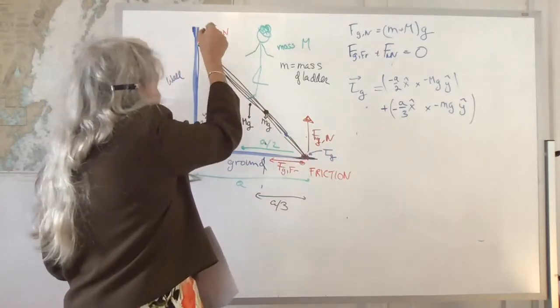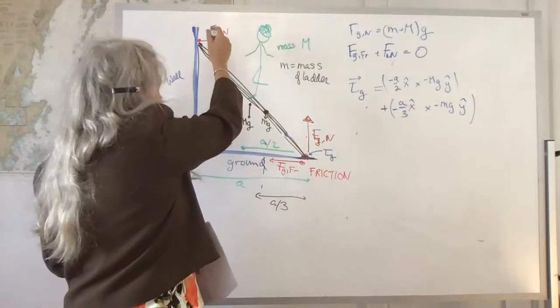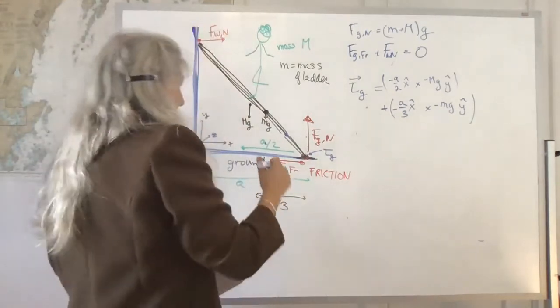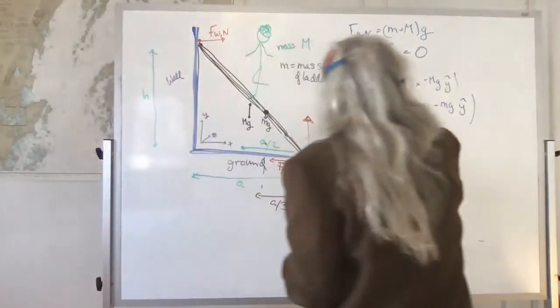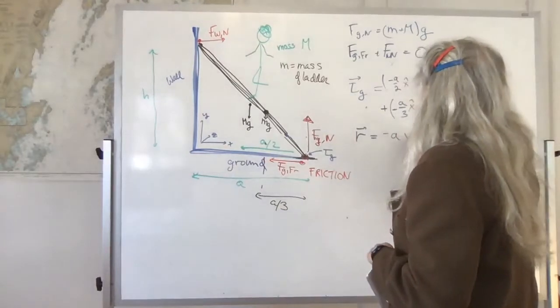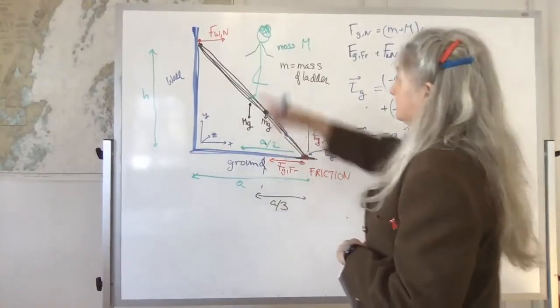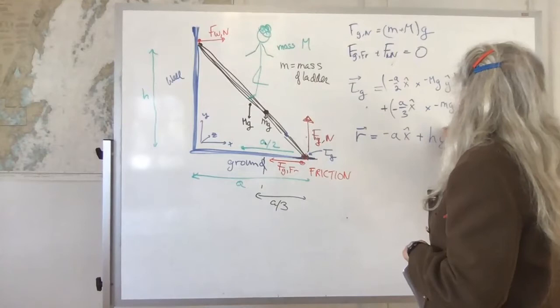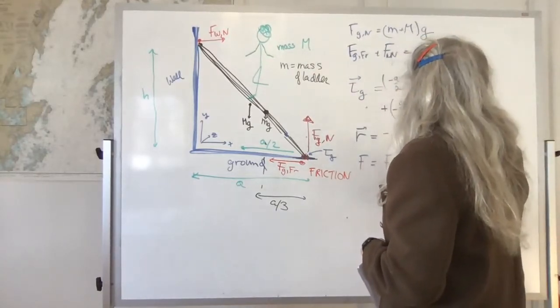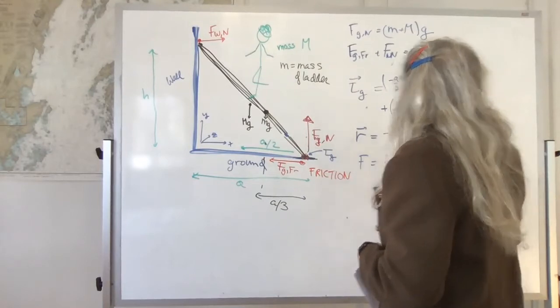But there is one from the wall normal force. So let's figure out what the radial vector is. It's got a minus a x hat plus h y hat. And the force is horizontal, so it's F wall N x hat.